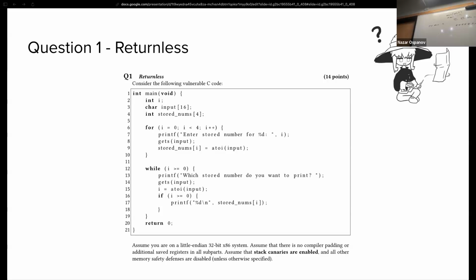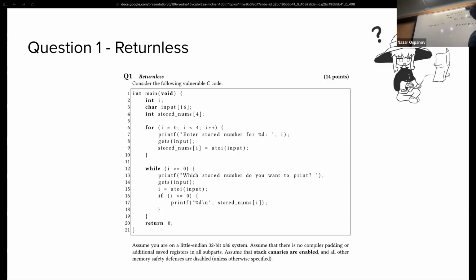And then notice that on line 17, we're printing the stored numbers at location I. We don't check what we are passing in there, but we're accessing the array stored nums, and we can do that. There's no bounds check. As long as I is greater than or equal to 0, it's going to work.